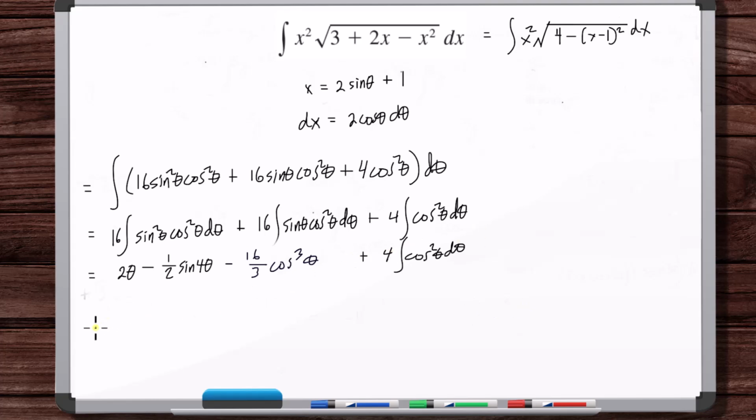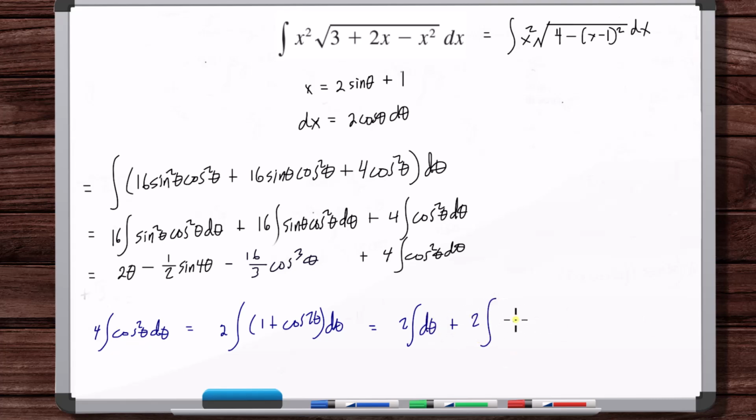Okay, now what is the integral of, it was 4 times the integral of cosine squared theta d theta. So 1/2. Let's bring out the 1/2. 1 plus cosine 2 theta d theta. So 2 d theta plus 2 cosine 2 theta d theta. 2 theta plus the integral of cosine 2 theta is 1/2 sine 2 theta.